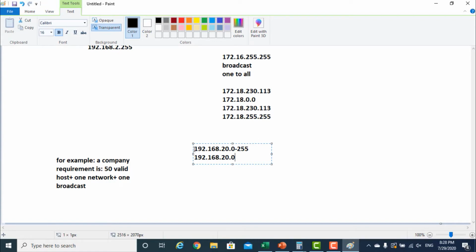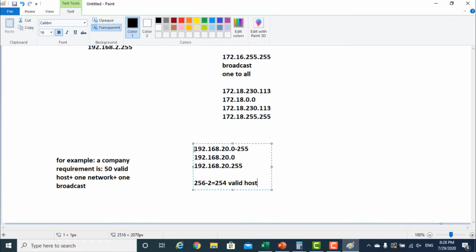And 192.168.20.255 is also used, for my broadcast. So how many IPs remain for me? 256 minus 2. So remaining is 254, which can be used as valid hosts for communication.